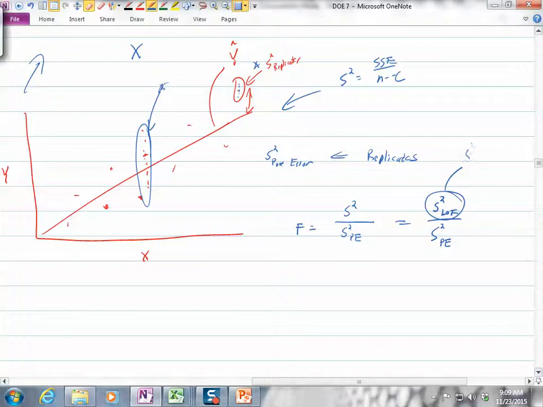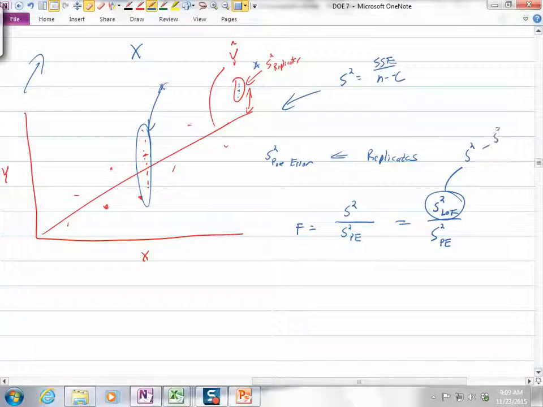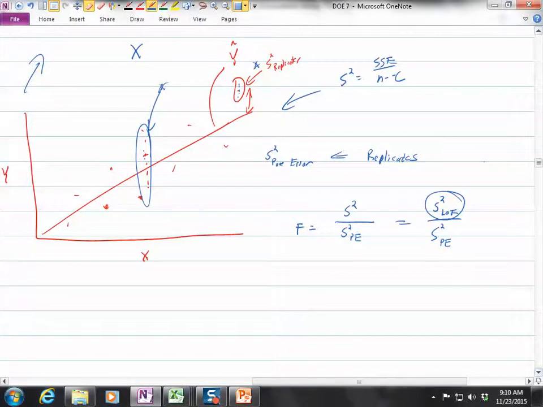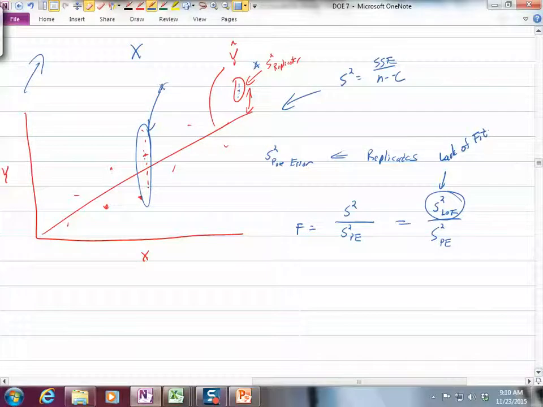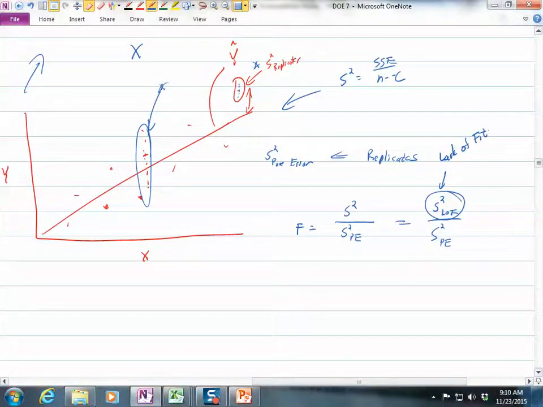We're going to take the total variance, subtract out the contribution of the replicates, so we only have the stuff that's left over. And so that's called the lack of fit. So it's going to be our total SSE minus the SSE of pure error, and then we're going to partition out the degrees of freedom and get that together. Is everyone okay with that?